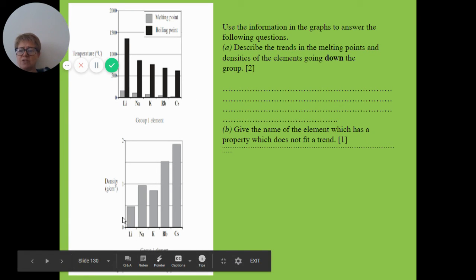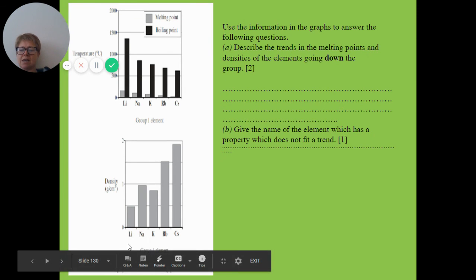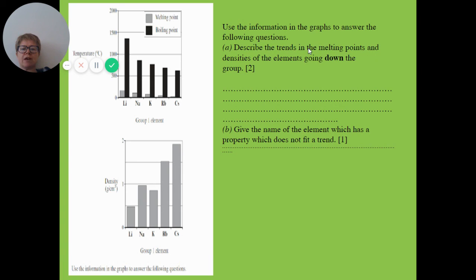And our second graph is showing density. So density on our y-axis, so 0, 1, 2 grams per centimetre cubed for density. And again, our group 1 elements shown on the bar chart here. And question A, describe the trends in the melting points and densities of the elements going down the group.